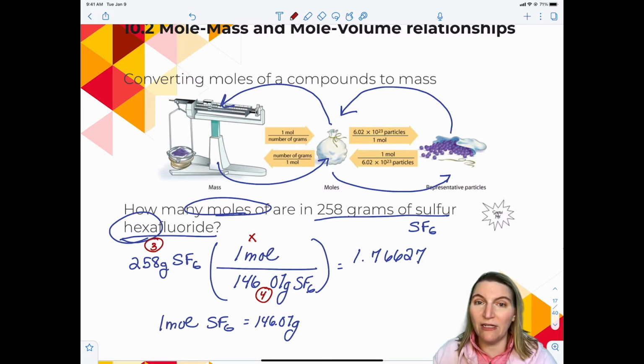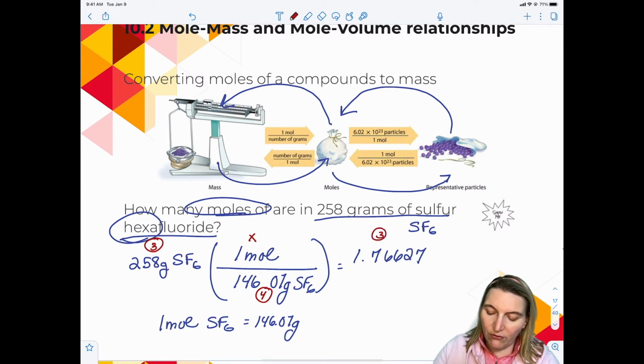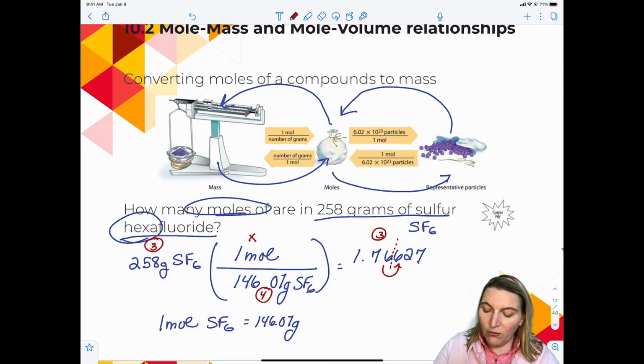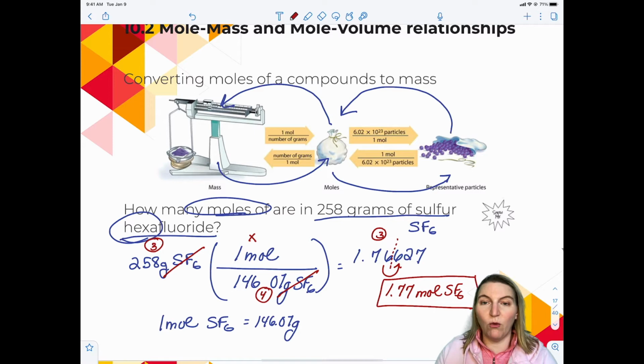I haven't rounded because we don't round in the middle of the problem. So that means my answer should just have 3 significant figures. So I look 1 digit beyond, that tells me I'm going to need to round up. So my answer is going to be 1.77, and then the grams cancel, so the unit that I have left is moles. So 1.77 moles of SF6.